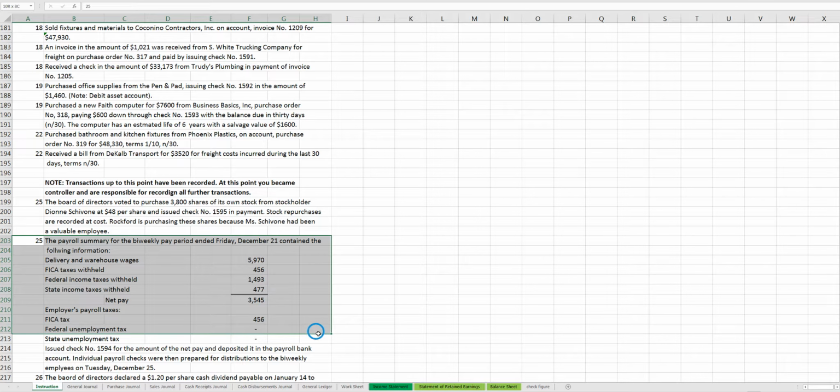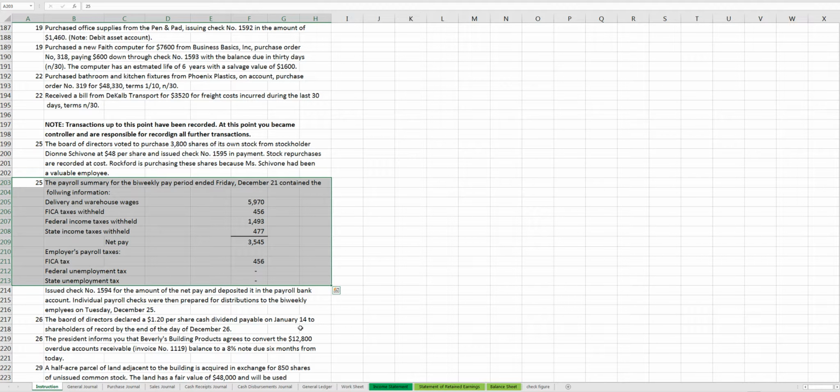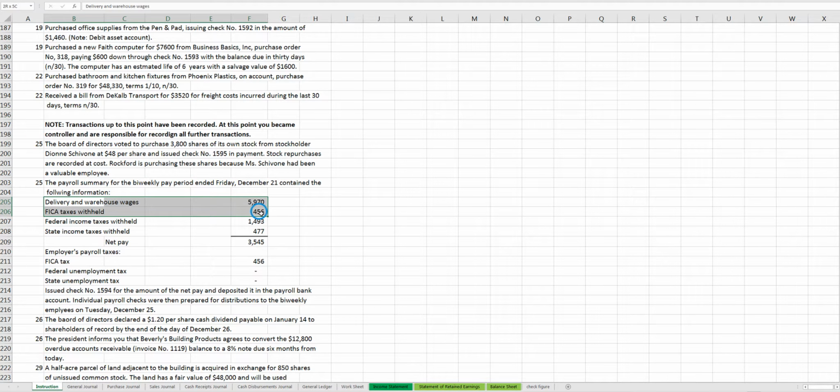Right? The next one, it's payroll information. We have wages, right? FICA tax withheld and other withholding, and also the FICA tax matched by the employer. Okay, and we issued a check. So these have been covered in chapter 13.